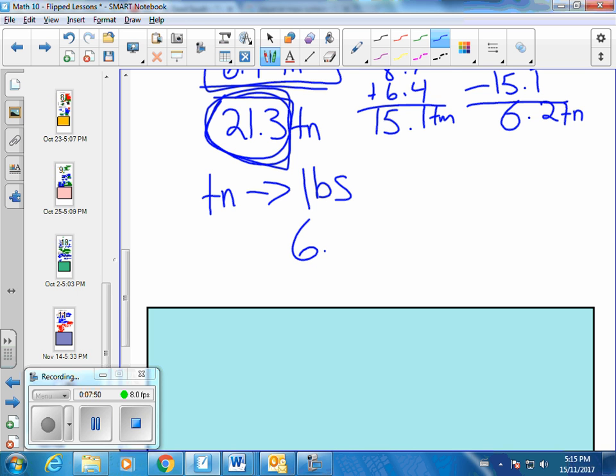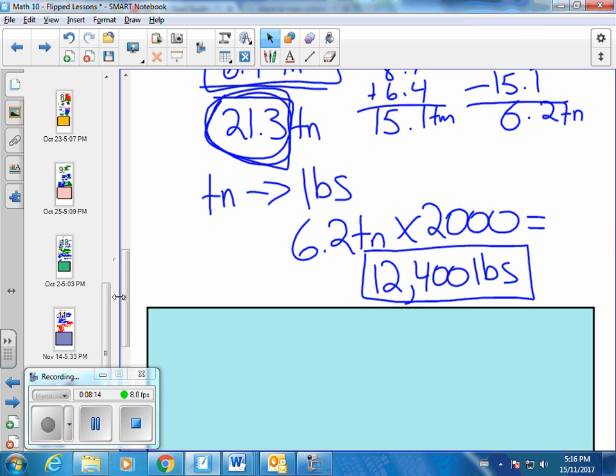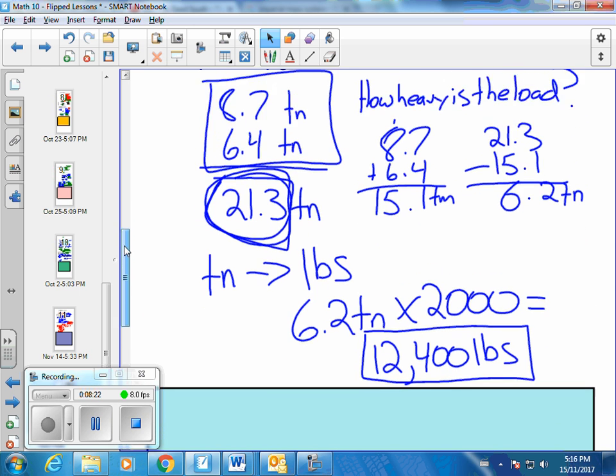Sorry, 6.2 tons. And I know that for every ton in there, I've got 2,000 pounds. So I'm just going to multiply this by 2,000, and I wind up with my total answer of 12,400 pounds. Okay. A couple steps involved in that particular question, but it's still not overly difficult. Basic differences math with the subtraction and then converting into pounds.